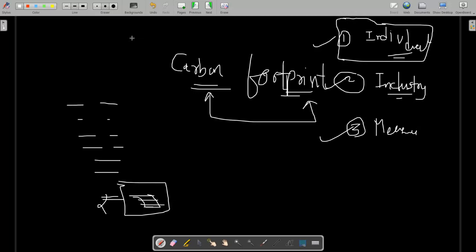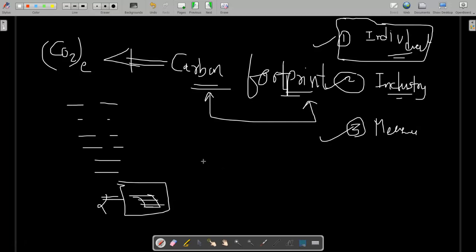carbon footprint. First of all, carbon footprint is always calculated in terms of CO2 equivalent. That means CO2 is a major global warming gas. So whatever our activities, ultimately how much carbon dioxide we are releasing matters.